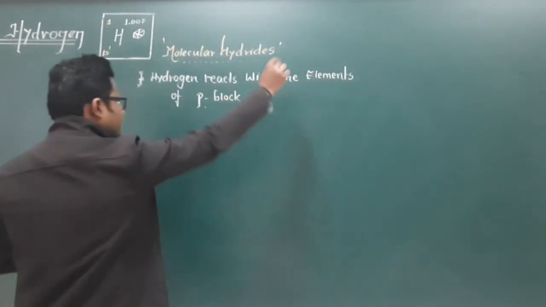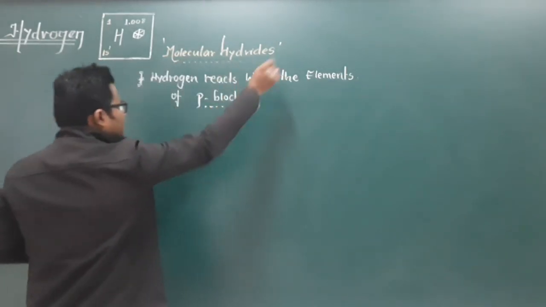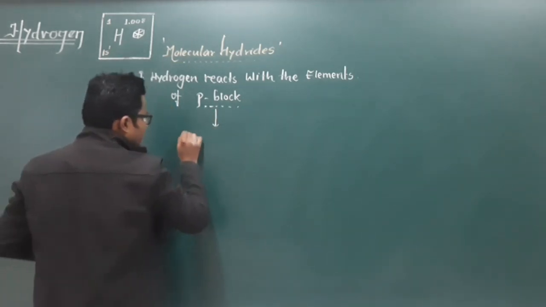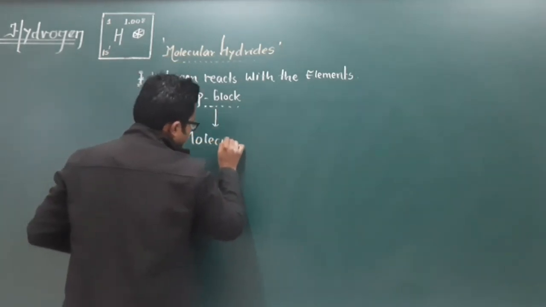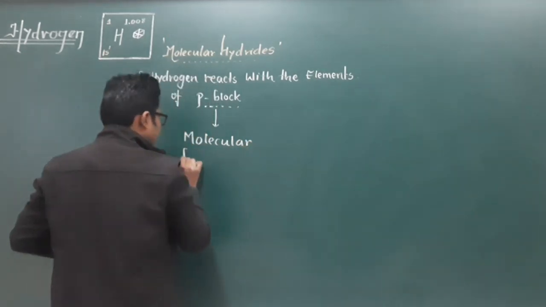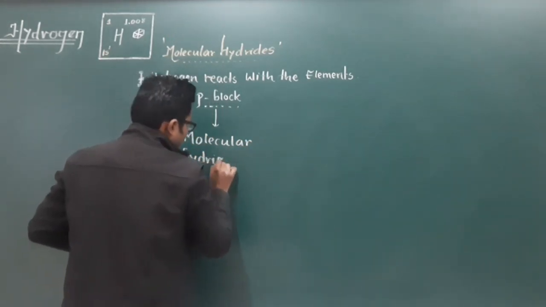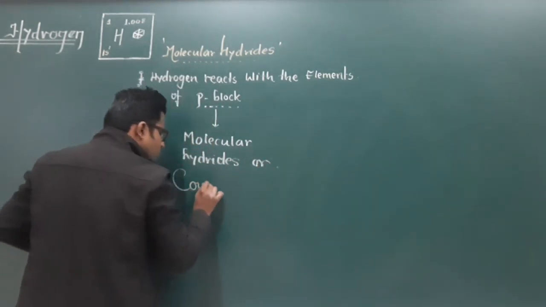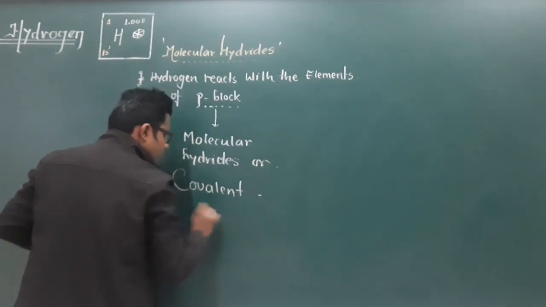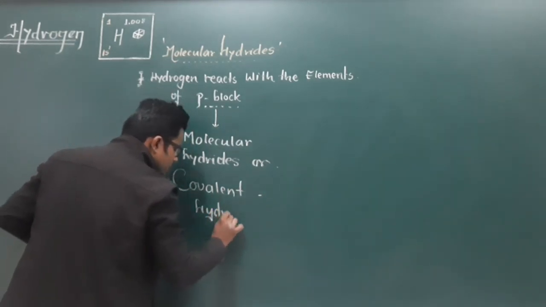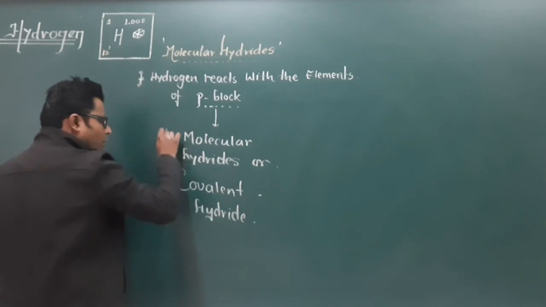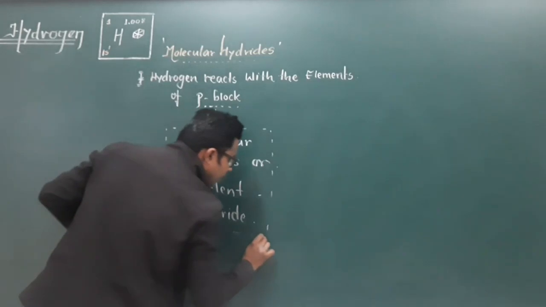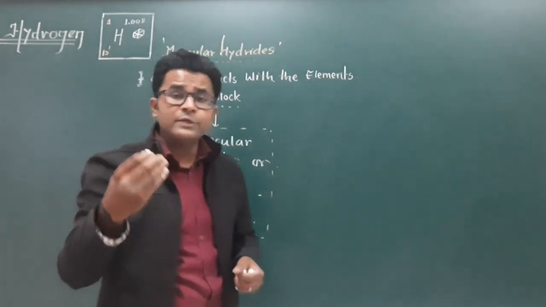Therefore it leads to the formation of hydrides which are called the molecular hydrides, or we can also call them the covalent hydrides. Now, whether it is a molecular hydride or covalent hydride, these particular hydrides are again further classified into three varieties.